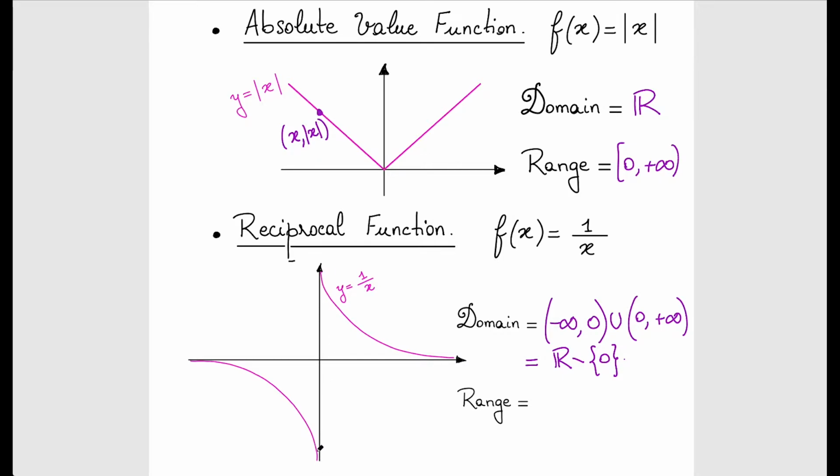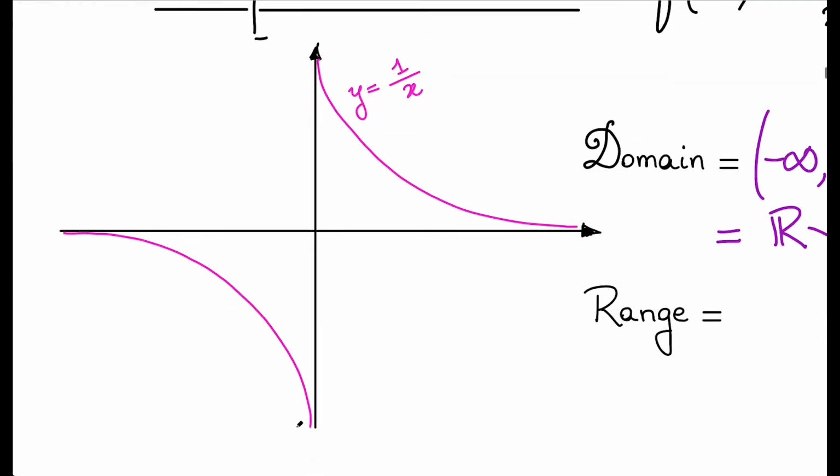The understanding here is that no matter how much you zoom in, the function and the line get closer and closer to each other, but they will never reach each other, and likewise here. So the y-axis is called a vertical asymptote. Asymptote means the line controls the function.